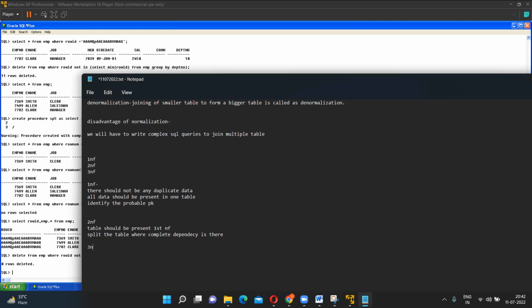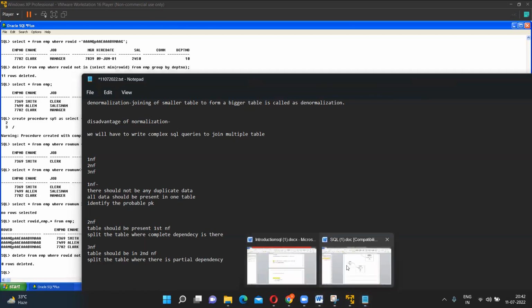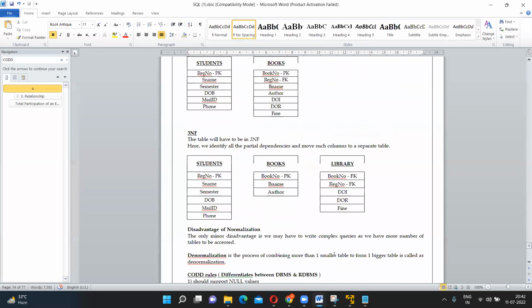Third normal form, what I told you, table should be in which form? Second normal form. Then split the table where there is what, guys? Partial dependency. Then I showed you one diagram. I showed you complete dependency, partial dependency. Yes or no, guys? Yes.